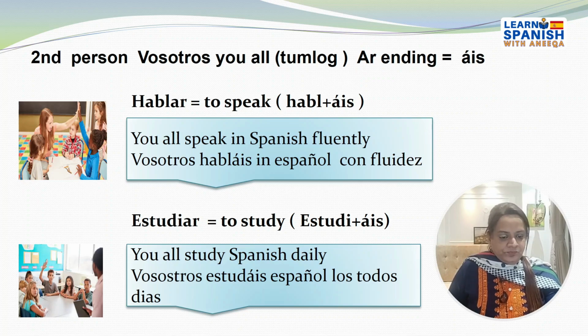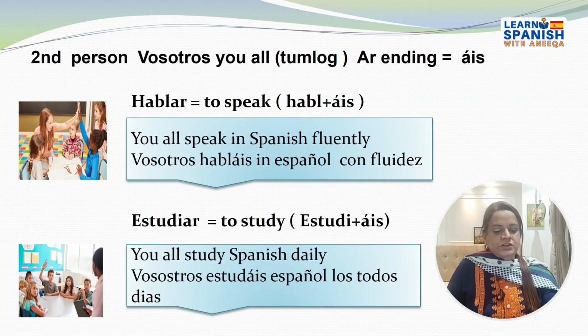Now see here, there is a group of children and the teacher is telling the children, you all speak Spanish very fluently. How will she say that? She will use vosotros for y'all, that is a second person plural. She will remove the AR ending from hablar, add áis, which is the second person plural AR ending, to HABL, and she will say vosotros habláis en español con fluidez.